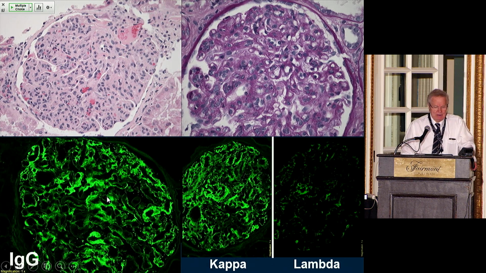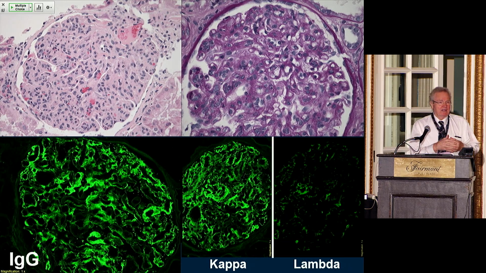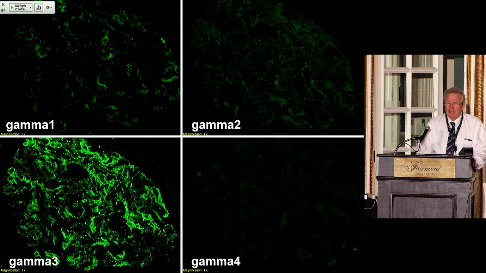IgG, very prominent deposits along the capillary walls. Kappa, but not lambda. And if your pathologist doesn't use kappa and lambda routinely, you will never know whether a deposit is monoclonal or not. And therefore, it is absolutely imperative to do kappa lambda and potentially also subclasses of IgG.